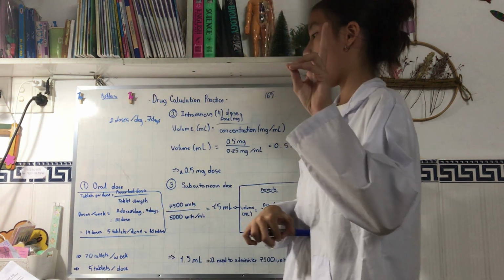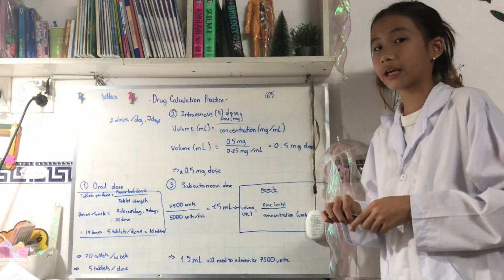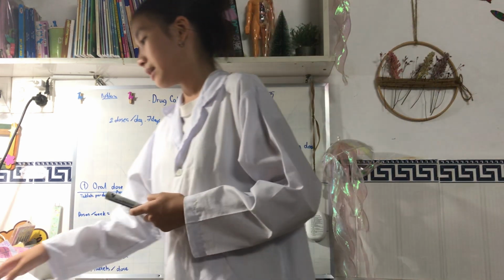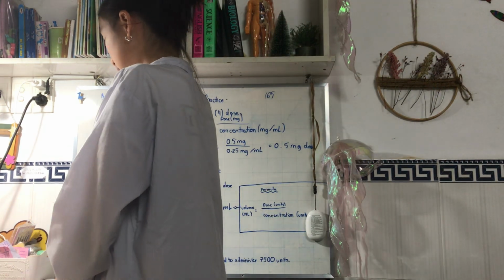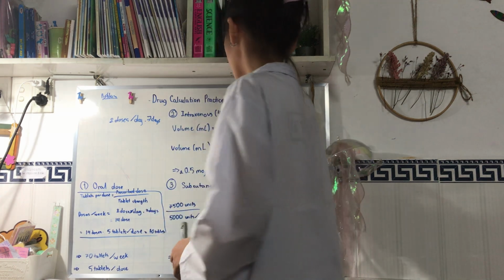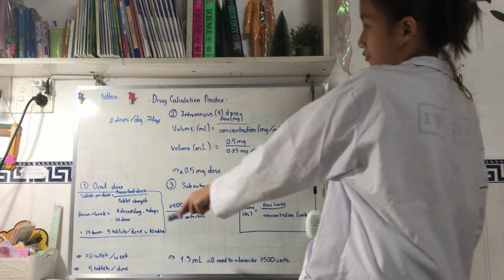And then there are 70 tablets per week, which will be the number of tablets given to the patient in a week. That is for the first problem.